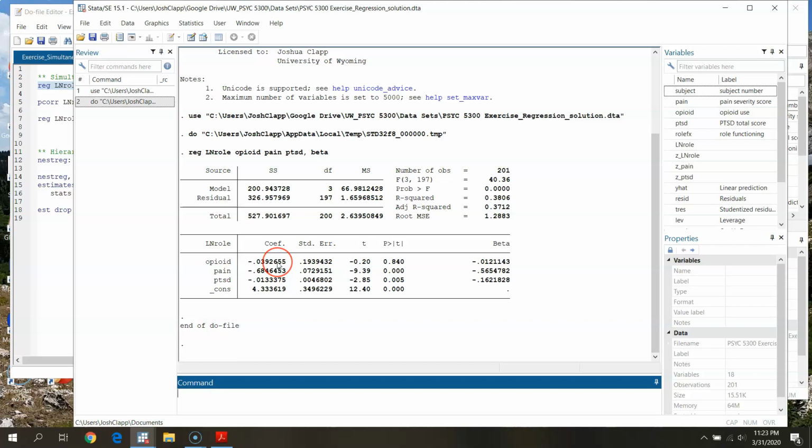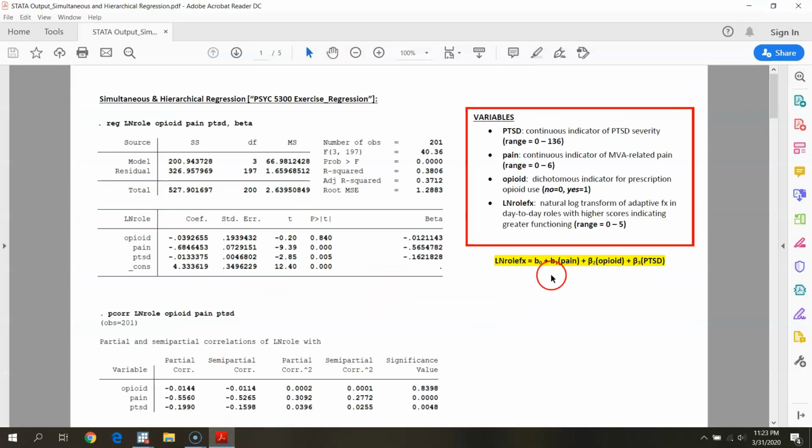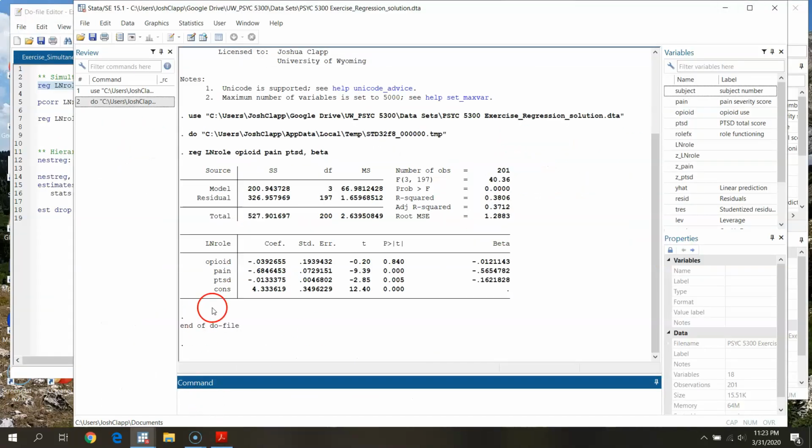Then if we take a look at our opiate predictor here, now recall that opiate use is a dichotomous variable, 0 to 1. So if we're talking about a 1 unit change in opiate use, we're talking about going from no use to use, okay? And so here, we would interpret this as the difference between people who are using opiates and those who aren't.